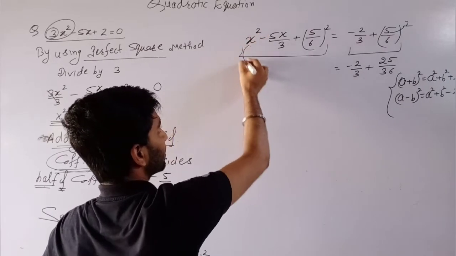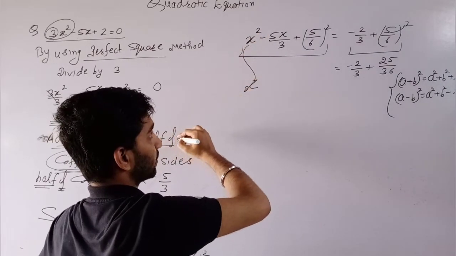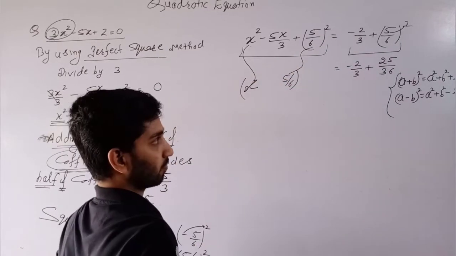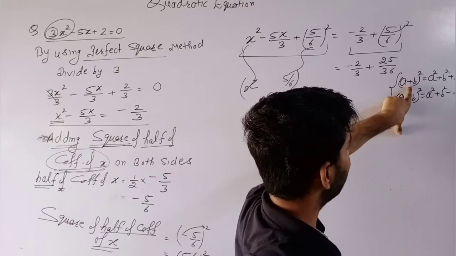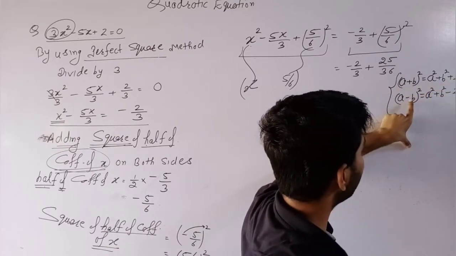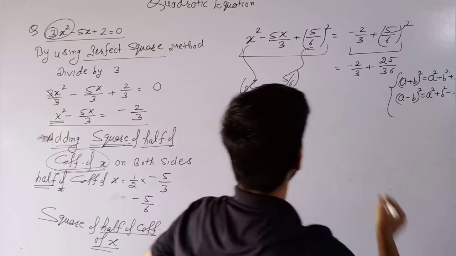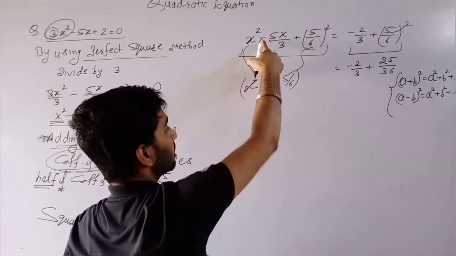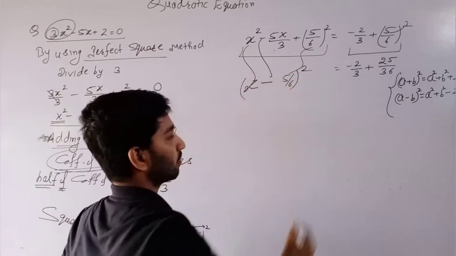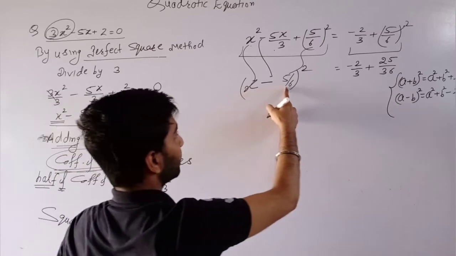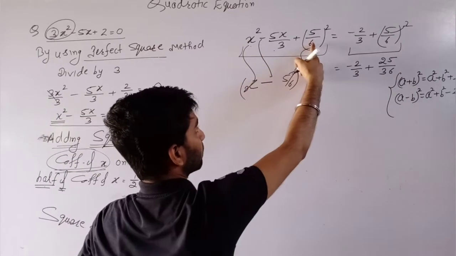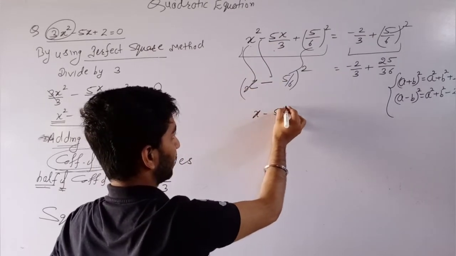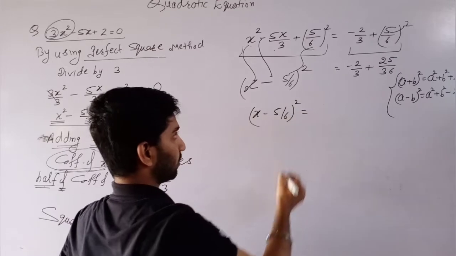It is the square of x, so we use x, and it is the square of 5 by 6, so we use 5 by 6. In this identity, if it is a plus b then 2ab is positive, if a minus b then 2ab is negative. If the term is negative, use negative; if positive, use positive. So we get x minus 5 by 6 whole square.